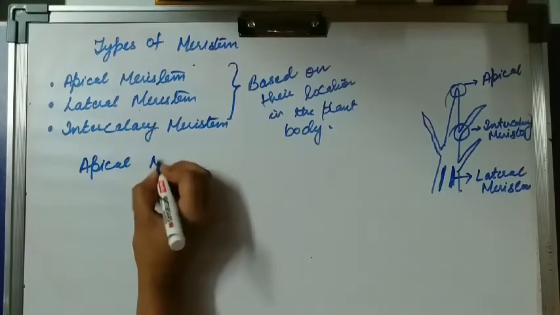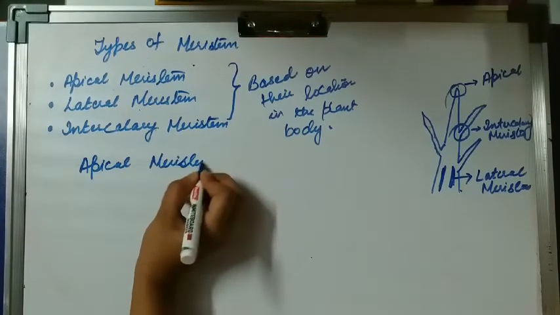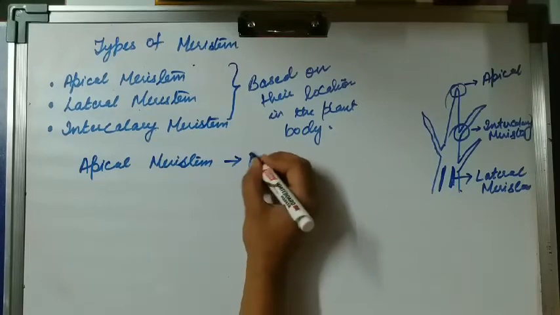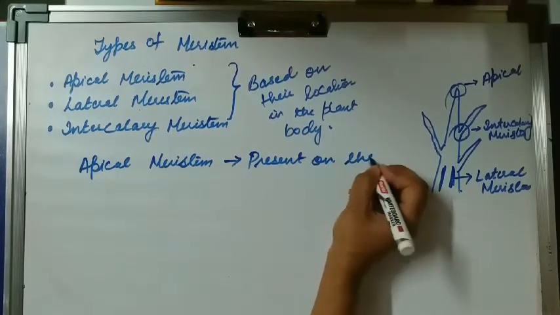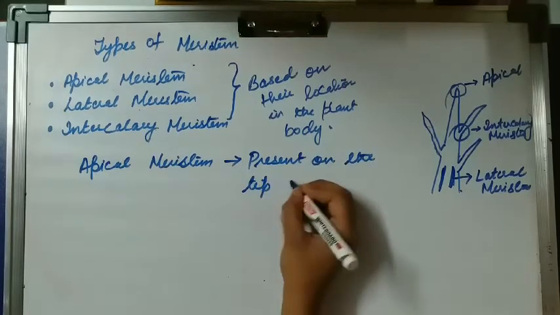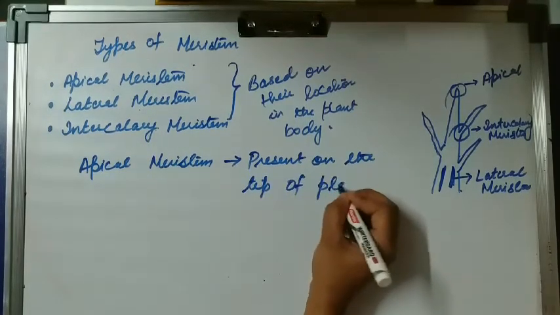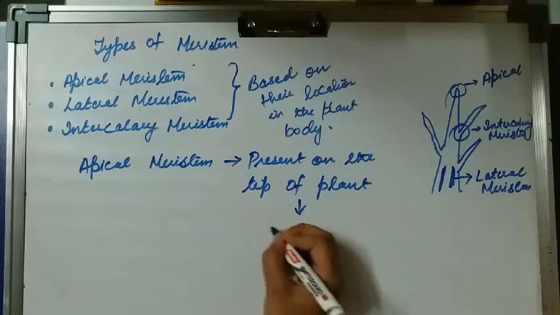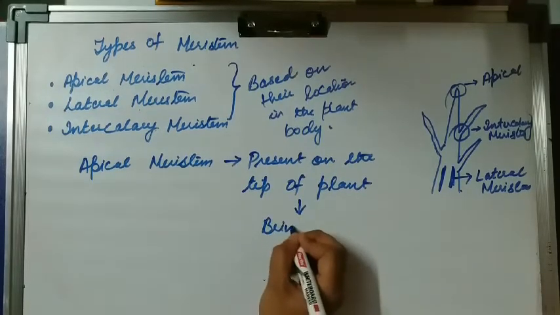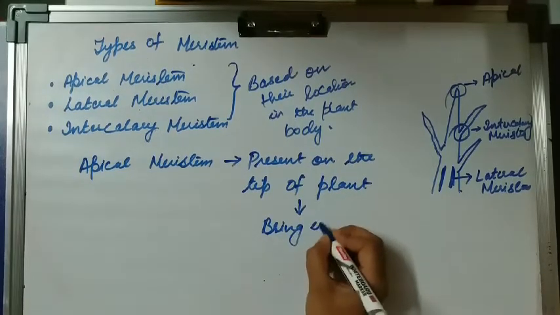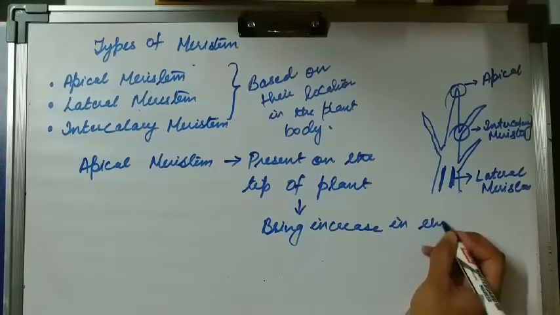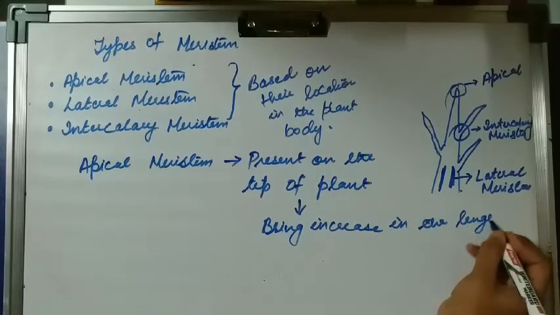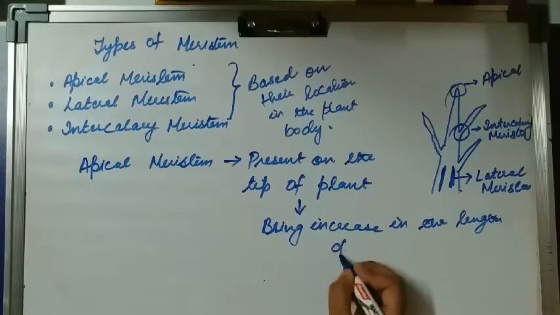Apical meristem is present on the tip of the plant. So what will it bring? An increase in the length of the plant.